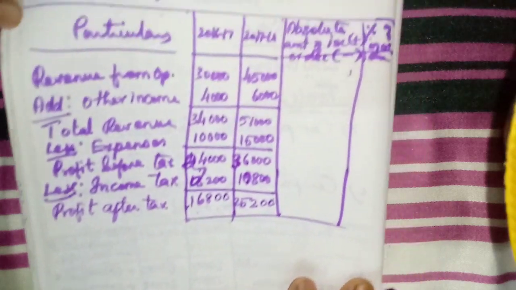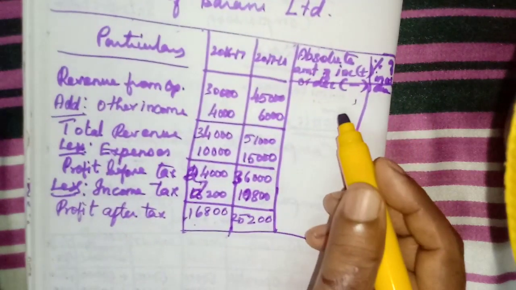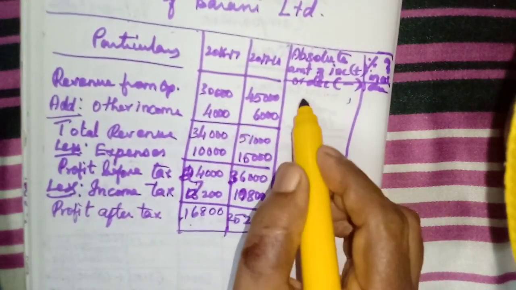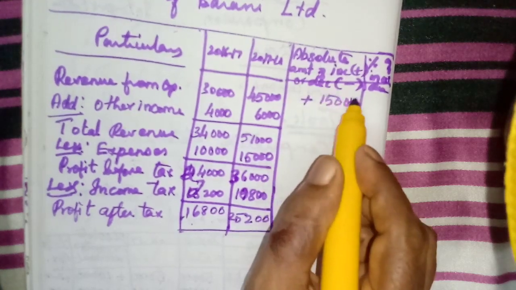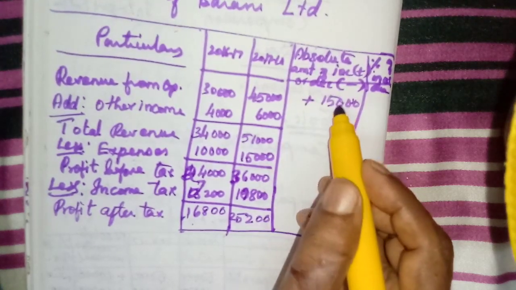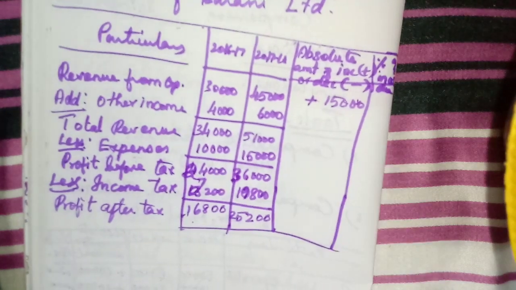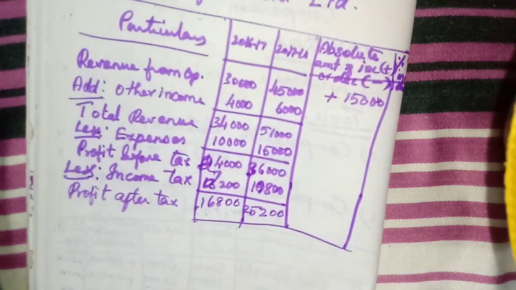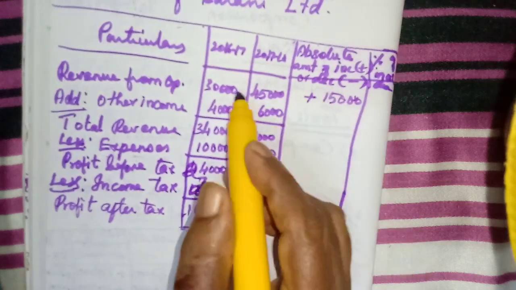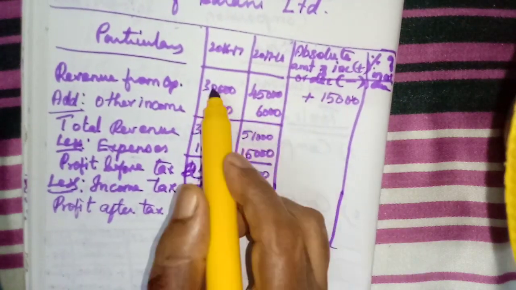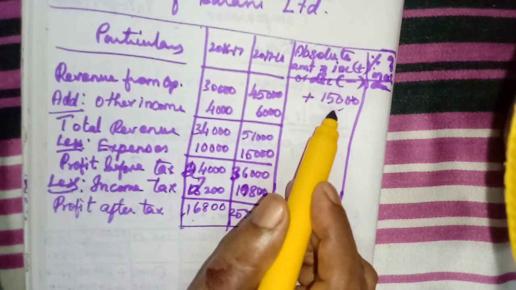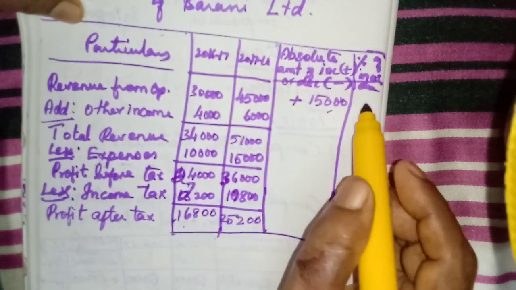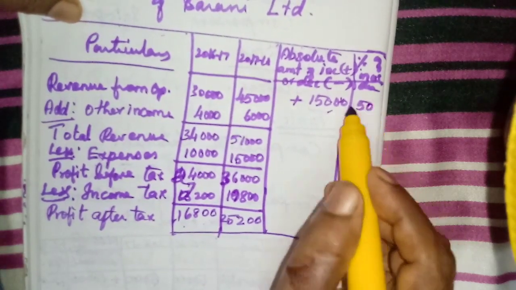Now we will calculate the absolute amount of increase or decrease. Here plus 15,000. You can also calculate it in your mind. See, 30,000 divided by 2 is only 15,000, isn't it? So for 100 it will be 50.